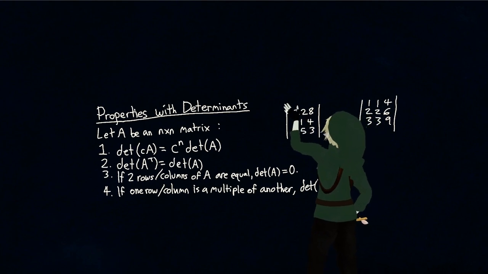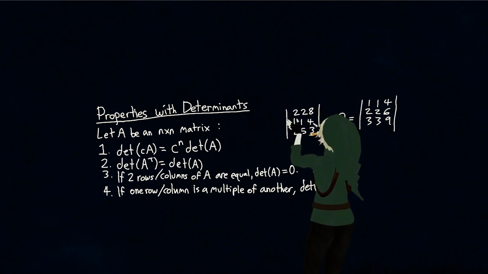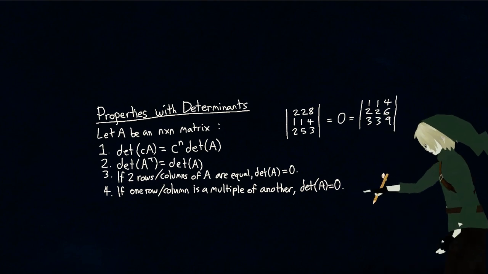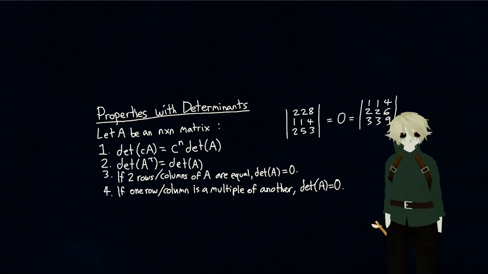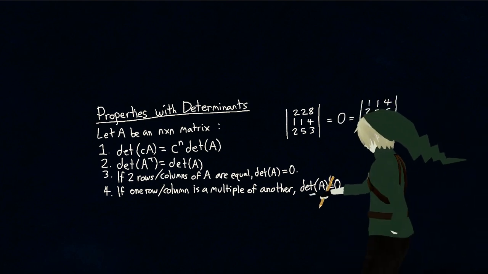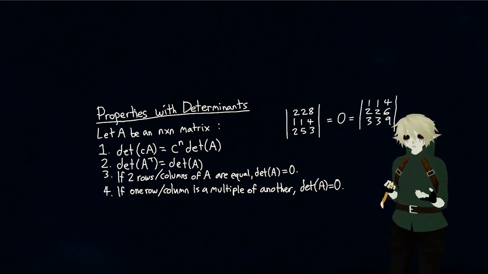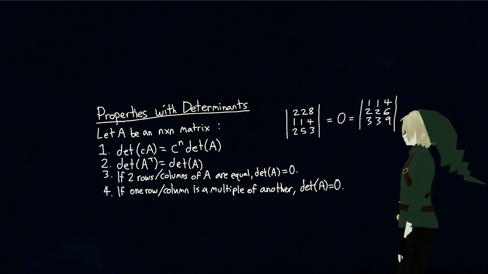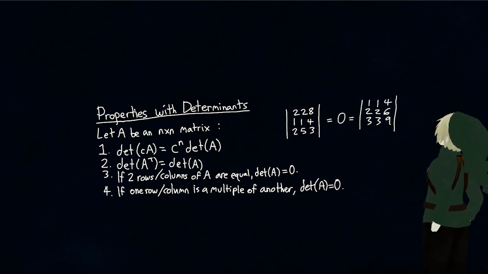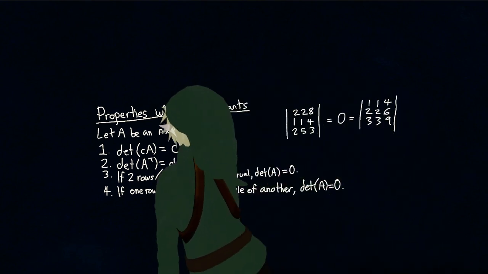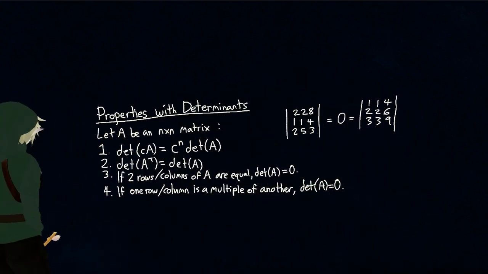Divide this row by 2, and now you end up with 1 1 4. Oh, now you have the same 2 rows, so it's equal to 0, right? That's literally like this again. So 3 and 4 are technically the same thing. It's just that 4 is letting you know your 3rd legal action says that you can factor out a multiple. Okay? Okay. Cool. So that's our 4th property.